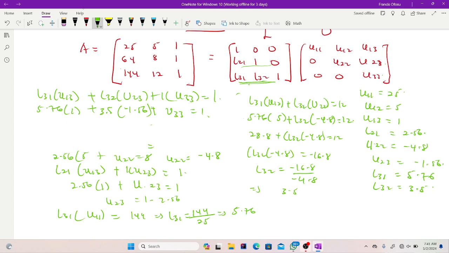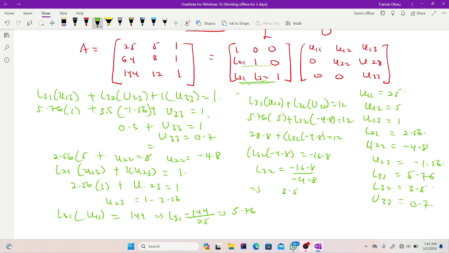That's 0.3, so 0.3 plus U33 is equal to 1. Therefore, U33 is equal to 1 minus 0.3, which is 0.7. So we simply write U33 is equal to 0.7.